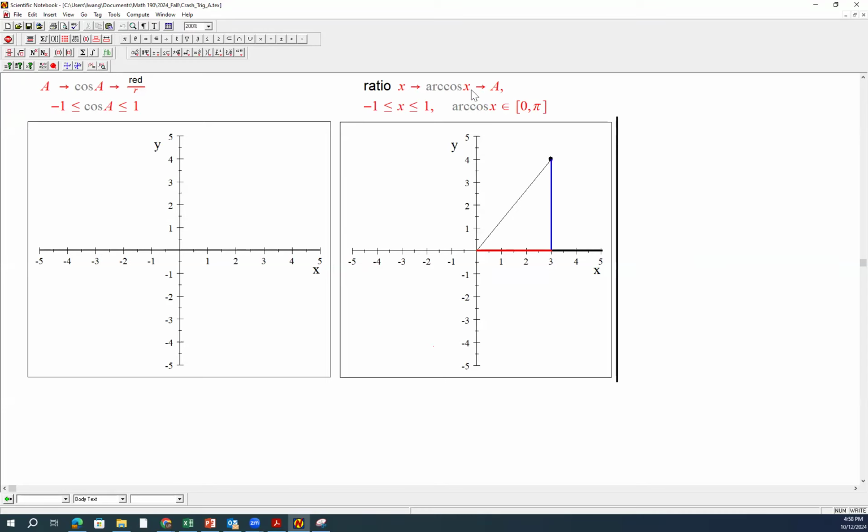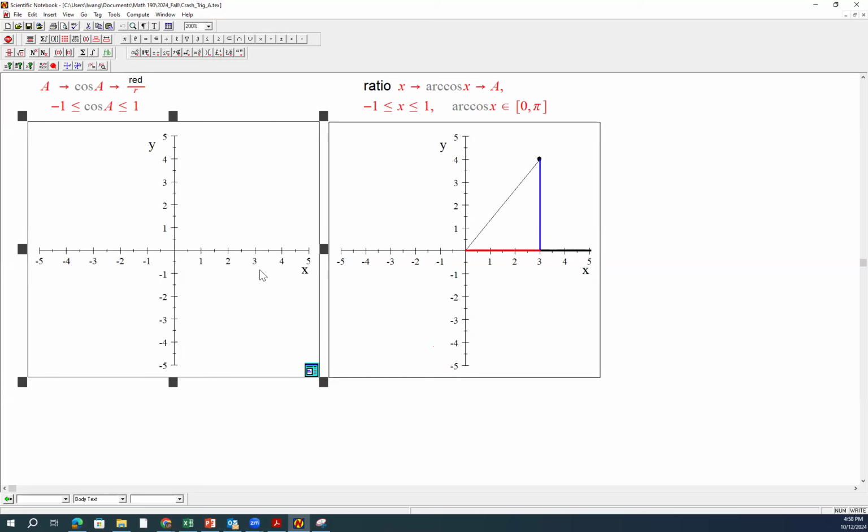So when arc cosine is considered, we are not going to use quadrant 3, we cross it out, nor quadrant 4, just quadrant 1 and 2.